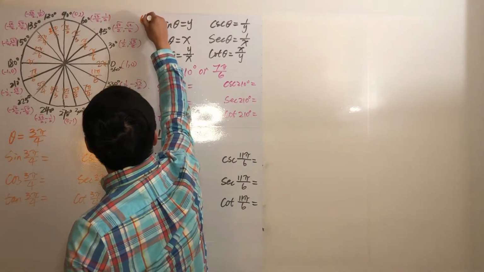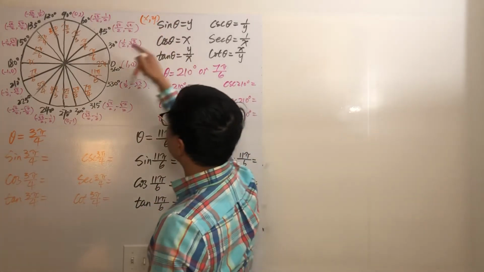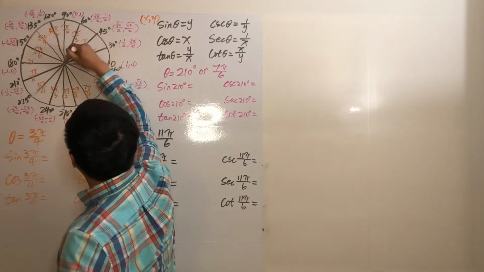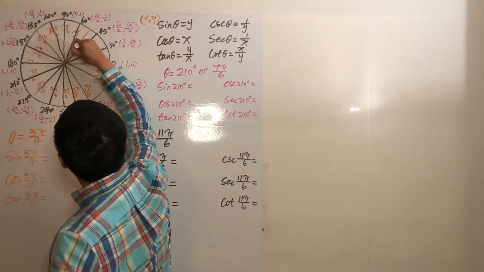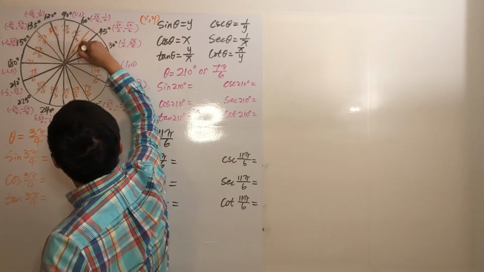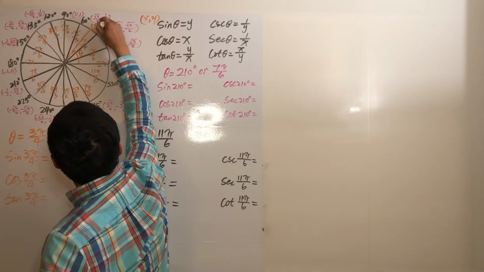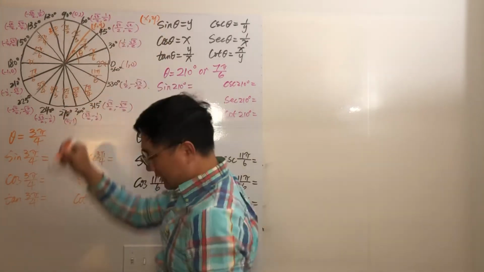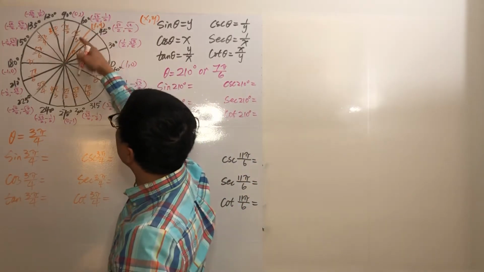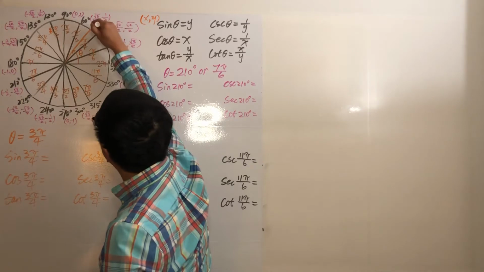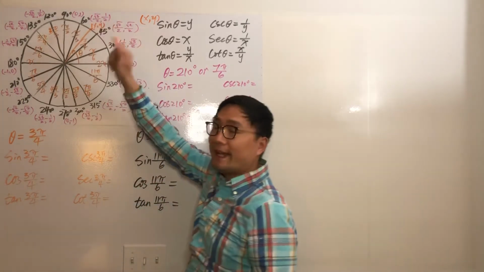For example, I have a central angle theta here, and the coordinates are x, y. This terminal side intersects the unit circle at this point, and the coordinate of this point is x, y.